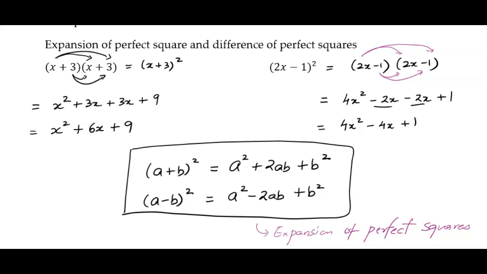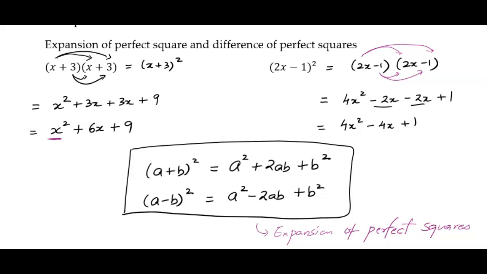Now let's have a look at these two examples that we've just done here. So x plus 3 to the power of 2, which is following the pattern of a plus b to the power of 2, where the value for a is x and the value for b is 3. If I was to use the formula to expand, the first step is to do a squared, which in this case is equal to x squared, and x squared is what we have right there.